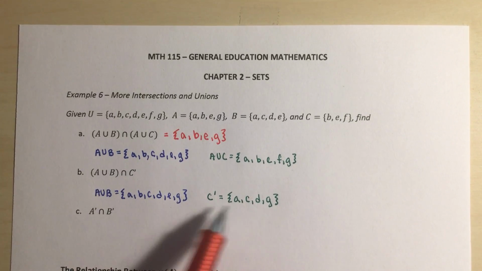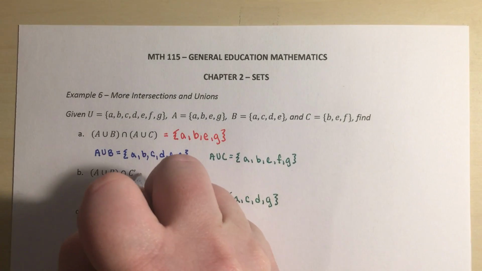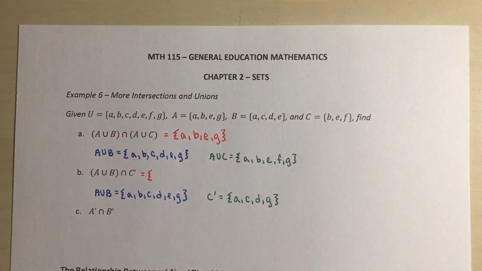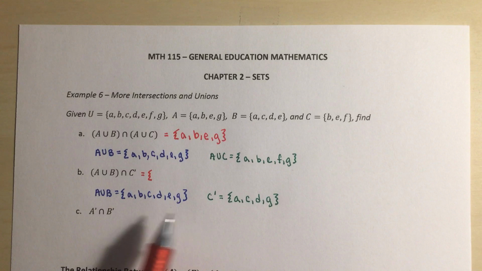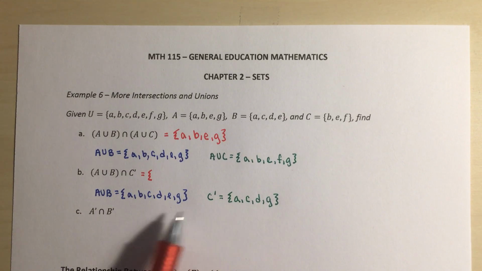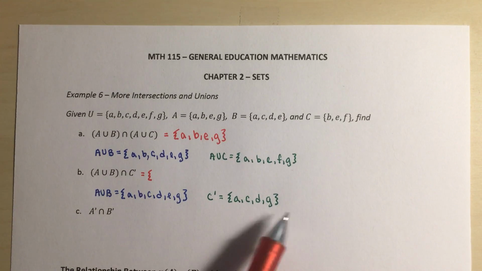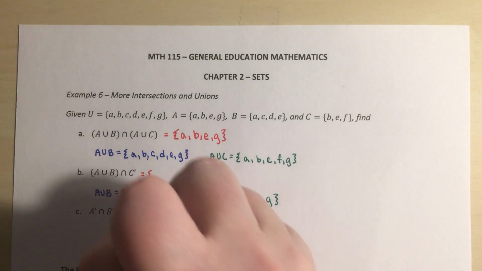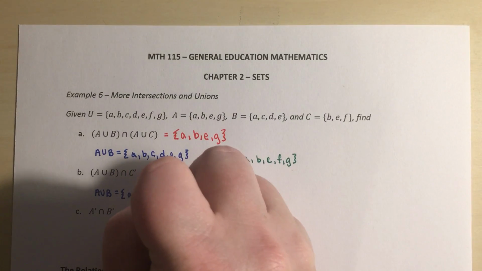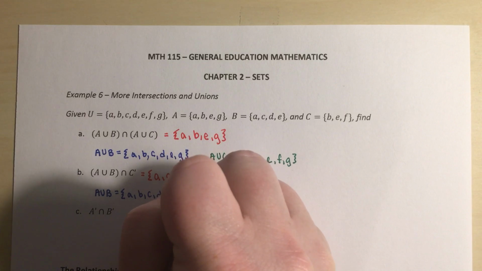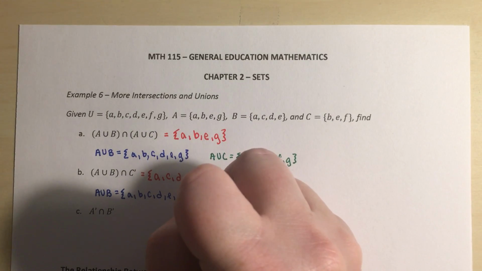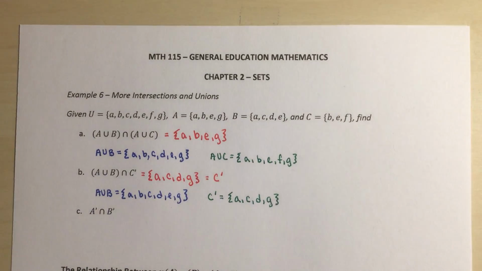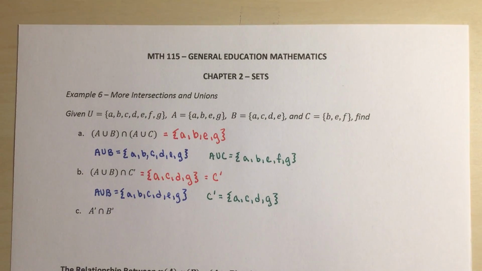Again, we're looking for the intersection of these two. So we want things that are in both lists. We see A in both lists. We see C in both lists. We actually see D and G in both lists. So we get this, which is also our complement of C, which we just found by coincidence.